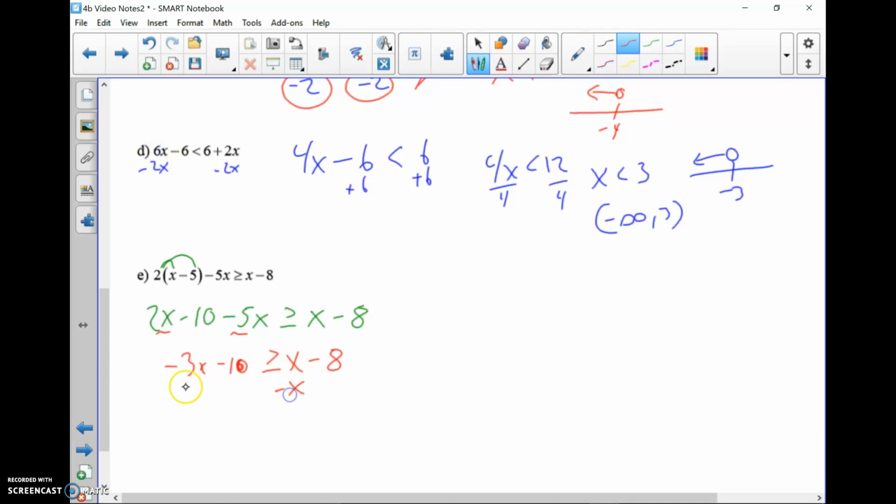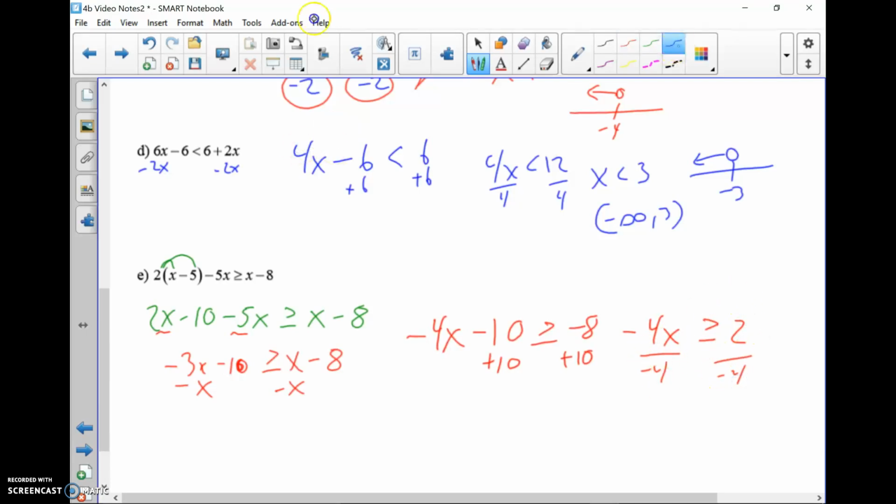And then let me bring this x over here, minus x to make it negative 4x minus 10 greater than or equal to negative 8. Add 10, negative 4x greater than or equal to 2. Divide by -4, dividing by that negative. So that's that special rule. So that's going to change my sign from greater than or equal to less than or equal to.